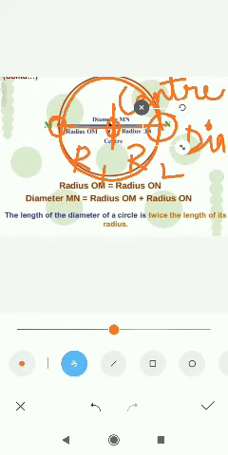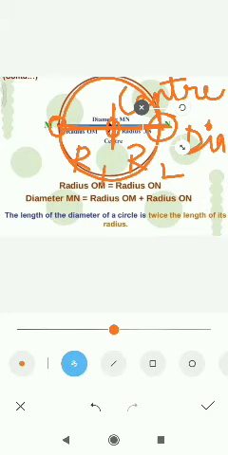And diameter MN is equal to OM plus ON because it traverses through the center from the point M to the point N. The length of the diameter of the circle is twice the length of the radius. So, you know that OM is equal to ON. So, you can write ON as OM only.